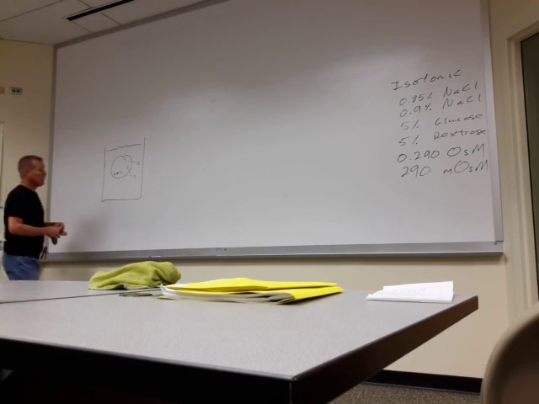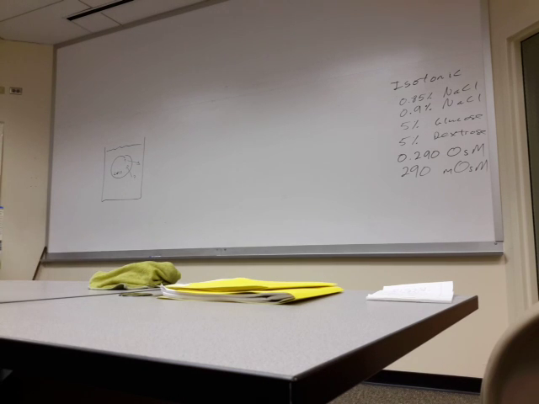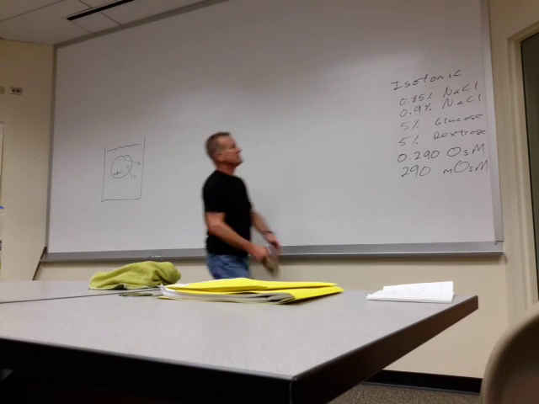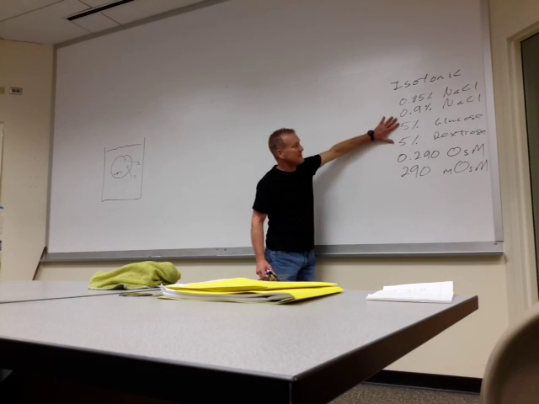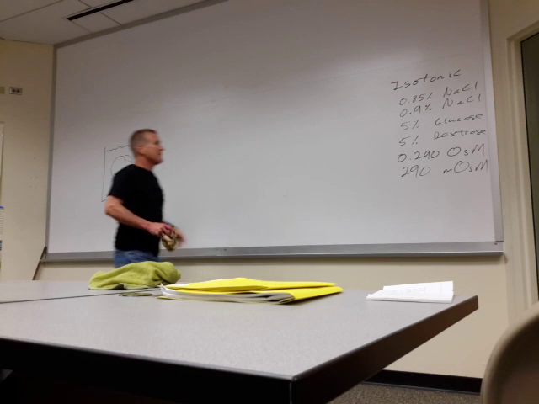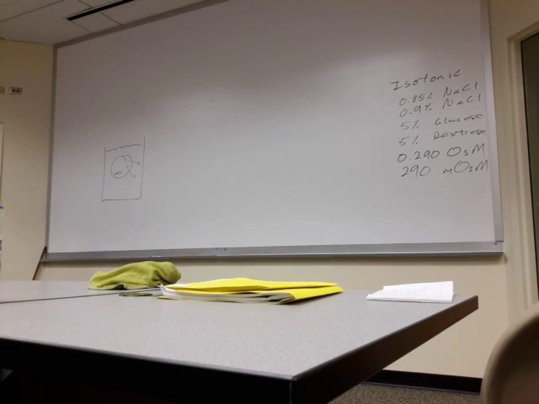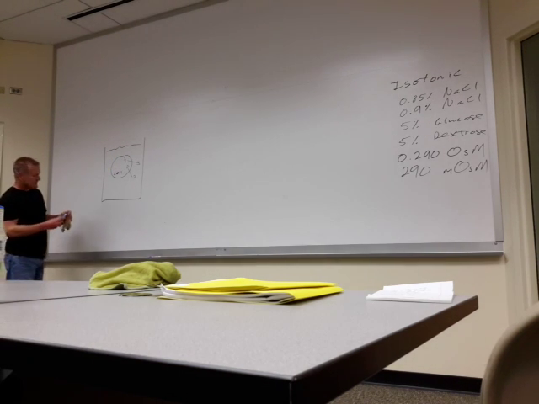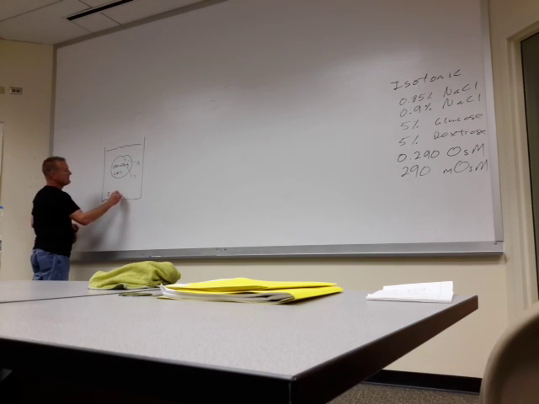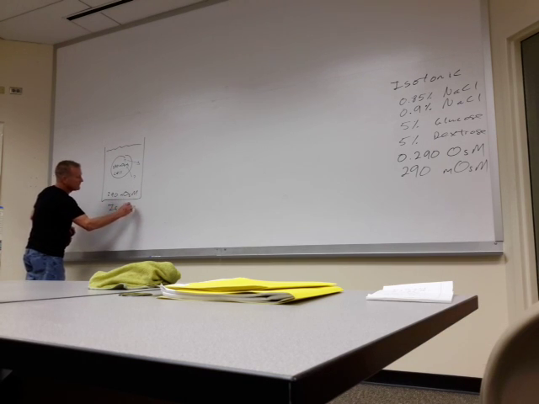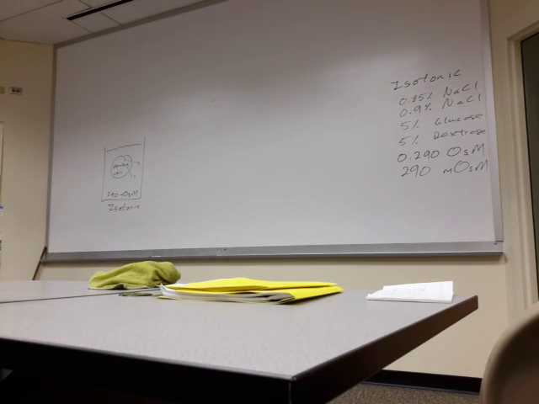And in the clinical world, we want no net movement. And to achieve that, we need to use isotonic solutions. So these are the solutions that we infuse into people. When we have this discussion, the cells are 290 milliosmoles. The fluid needs to be 290 milliosmoles to be isotonic.